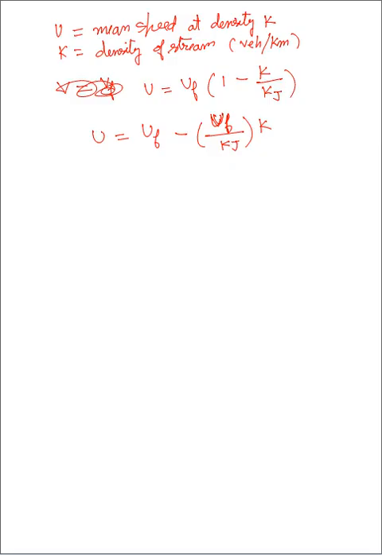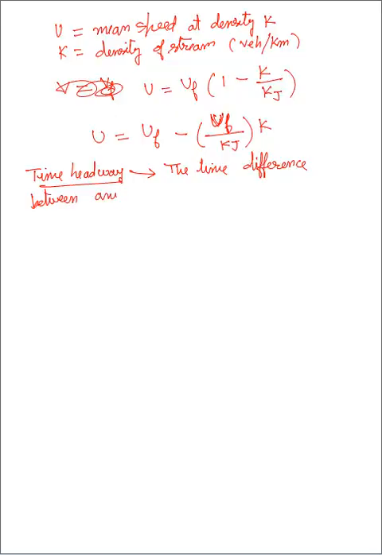As I told you, time headway is basically the time difference between any two successive vehicles. Let me write the definition also. Time headway is basically the time difference between any two successive vehicles when they cross a given point.